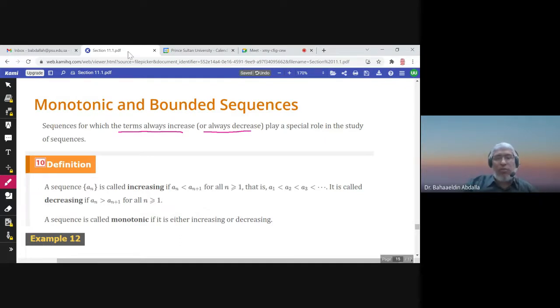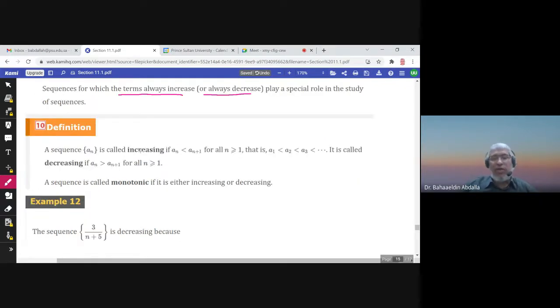So here a sequence an is called increasing if an is less than an plus 1 for all n greater than or equal to 1. So a1 is less than the term after it.